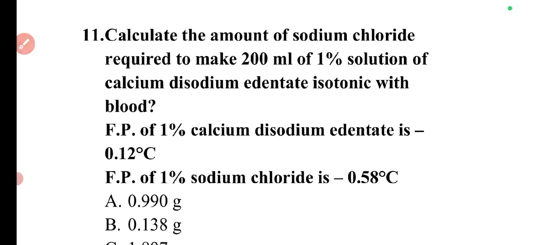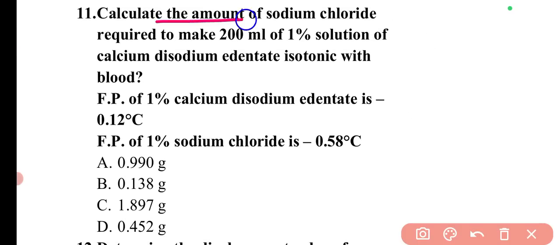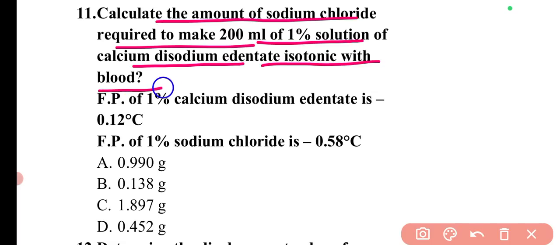So the question is, calculate the amount of sodium chloride required to make 200 ml of 1% solution of calcium disodium edetate isotonic with blood. So we need to calculate the amount of sodium chloride required to make 200 ml. The final quantity will be 200 ml of 1% solution of calcium disodium edetate, which should be isotonic with the blood.